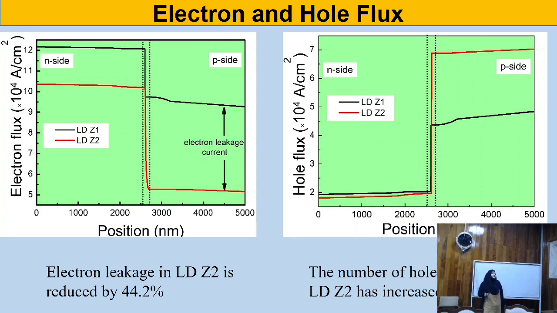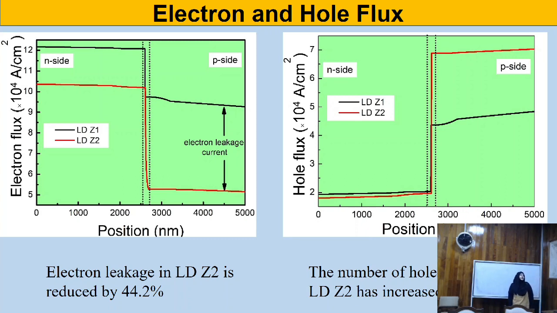And for the proposed device, the red curve you can see at the right, the electron flux is minimized, so a large number of electrons are coming into the active region, and the electron leakage is decreased to almost 5.4%, and the electron leakage of LDZ2 is reduced by 44.2%.